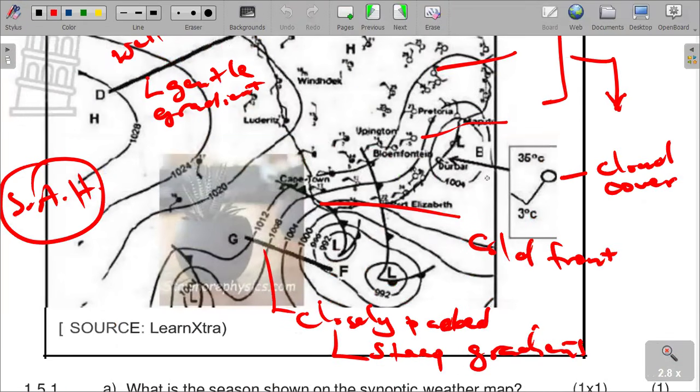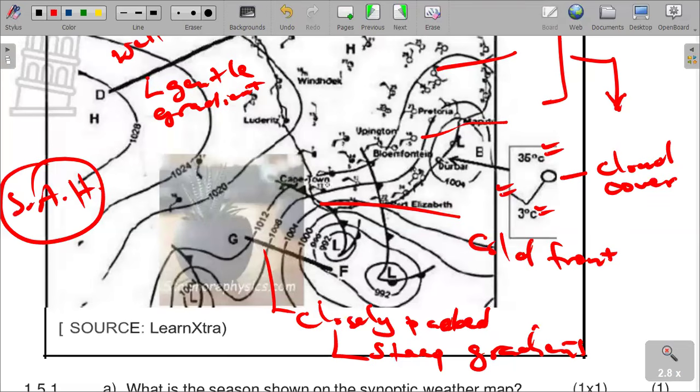For Durban, we are given that the air temperature is 35 degrees Celsius, and the dew point temperature is 3 degrees Celsius. The cloud cover is clear skies. The wind speed is 10 knots.